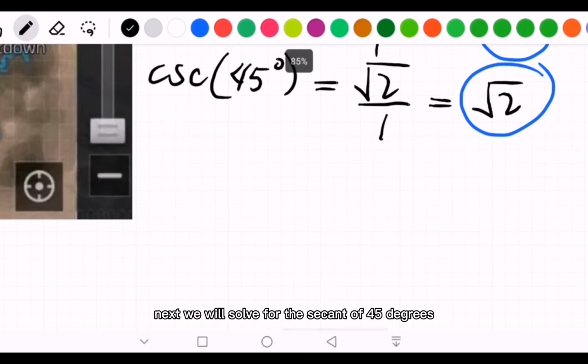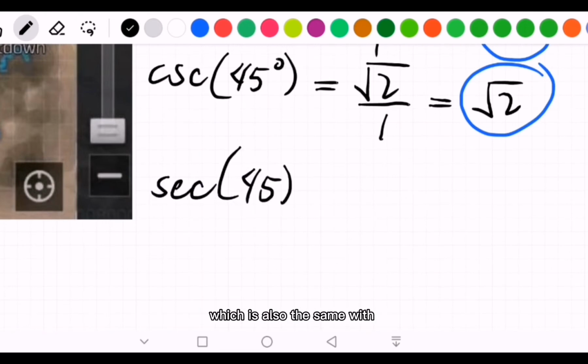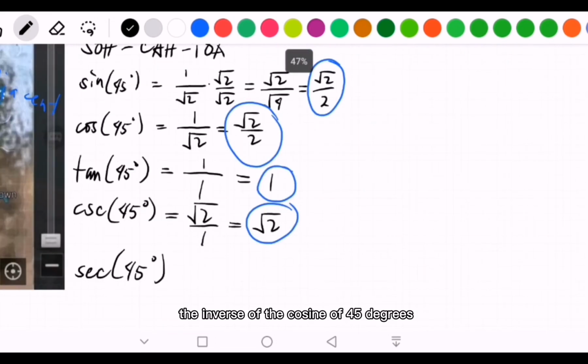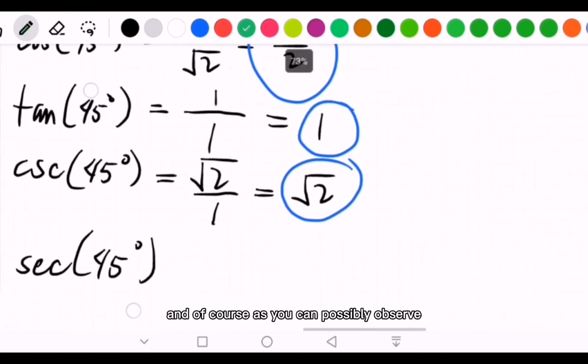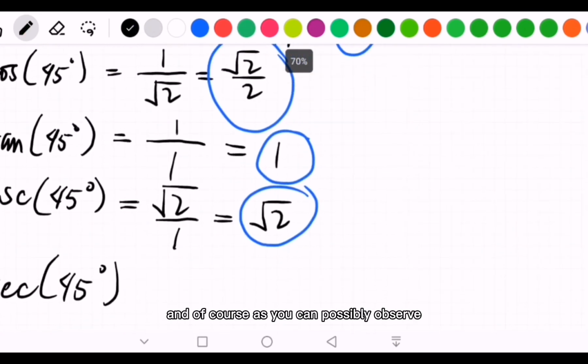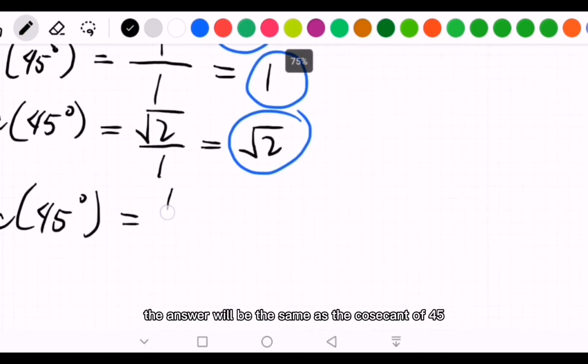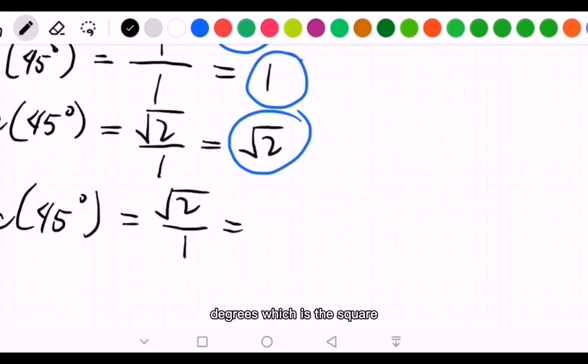Next we will solve for the secant of 45 degrees, which is the inverse of the cosine of 45 degrees. So we'll take the inverse of 1 over square root of 2, and as you can observe, the answer will be the same as the cosecant of 45 degrees, which is square root of 2.